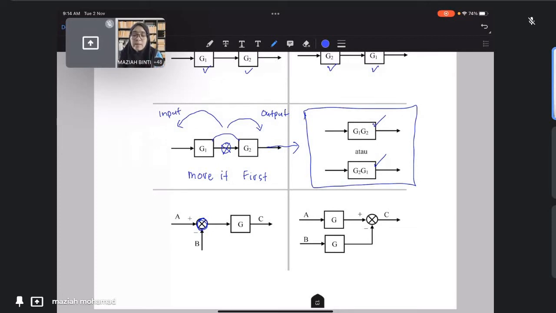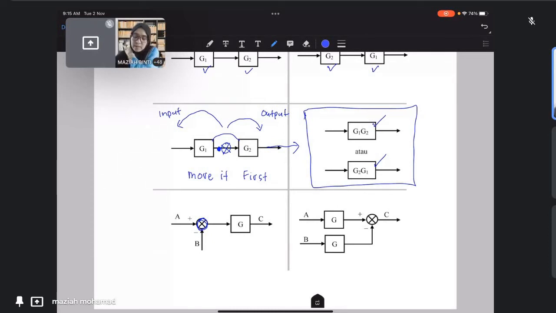But if there is a summation point or pickoff point between the blocks, then you cannot combine them. We need to move it first. For a summation point and pickoff point, we can move it either toward the output or toward the input. The transfer function will be different if we move toward the output, and different if we move toward the input.